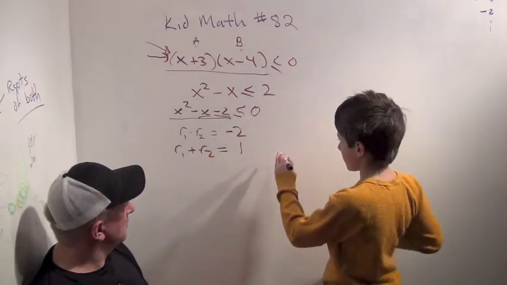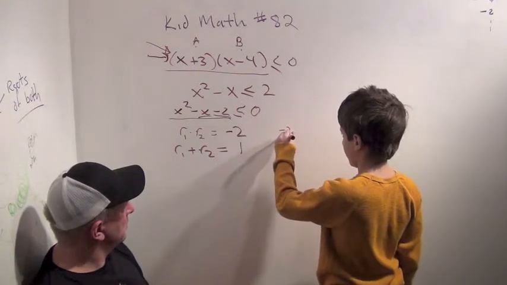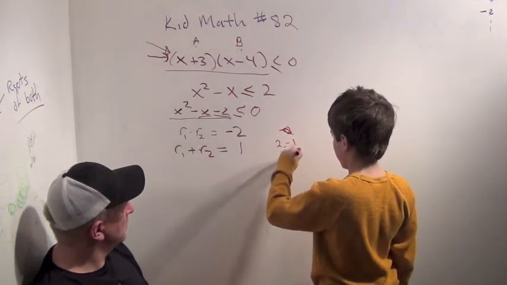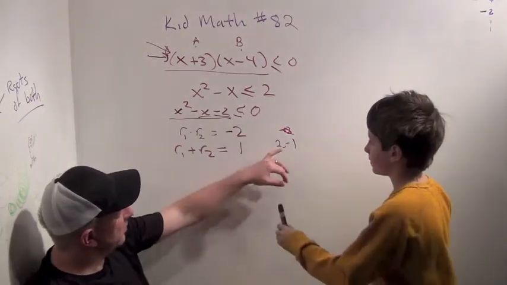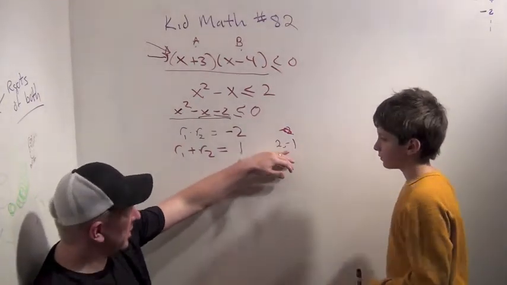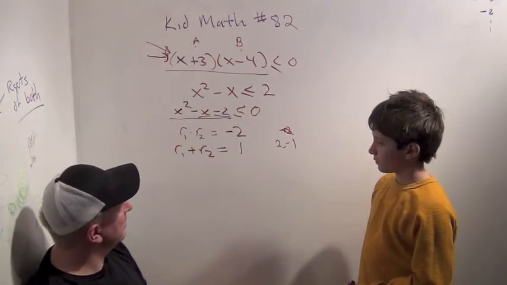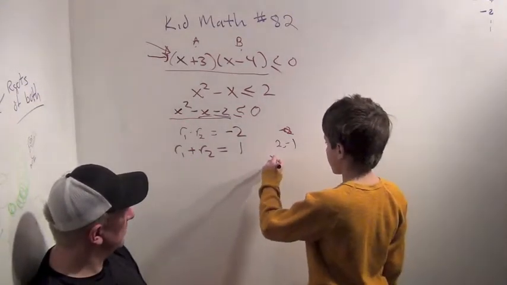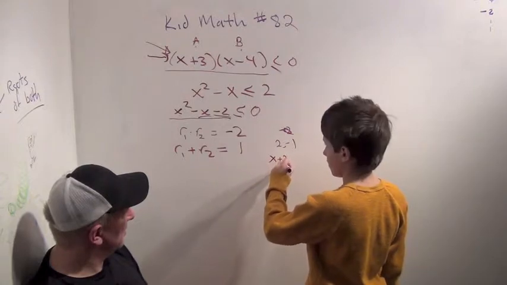Well, you have 2 and negative 1. Interesting. So if the roots were 2 and negative 1, the product is negative 2 and the sum is 1. So what does this factor into?